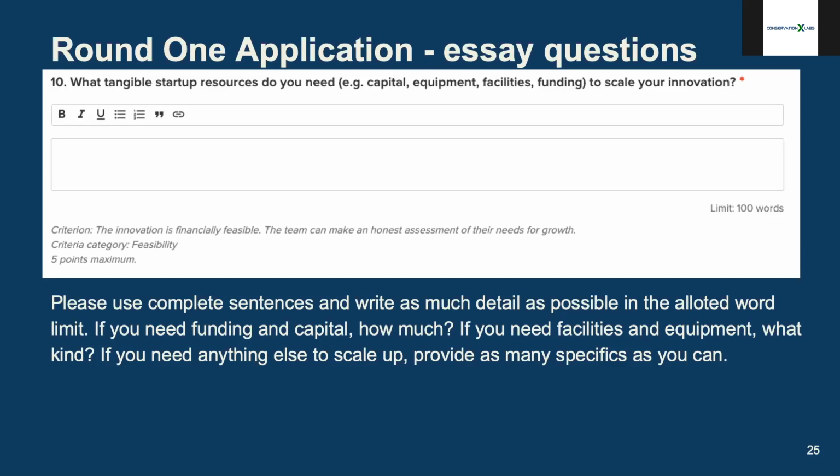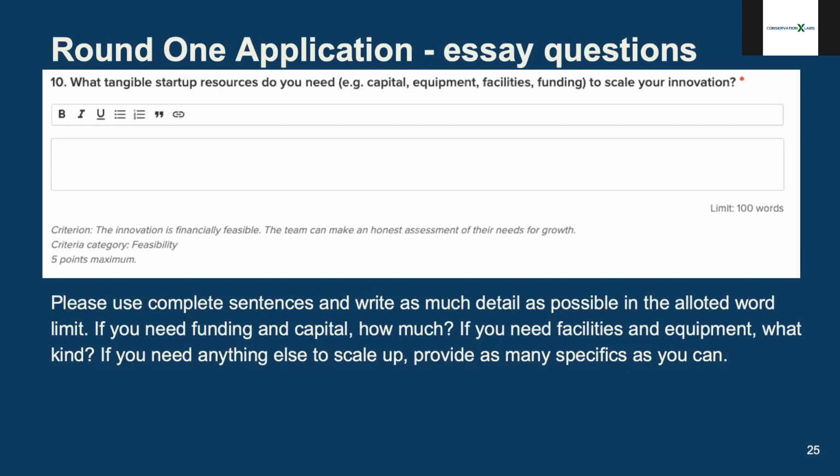It'll be helpful here to the reviewers to understand, if it is funding and capital that you need in order to grow, how much do you need? Or an estimate of how much do you need? If you need facilities and equipment, what kind of facilities and equipment?